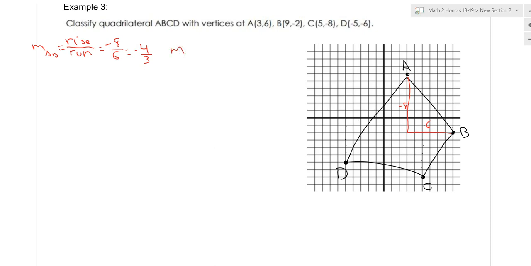Slope of BC. From B to C, we go down 6, and then left 4. Which equals 3/2. Right, again, because a negative divided by a negative is positive, so it's positive 3/2.